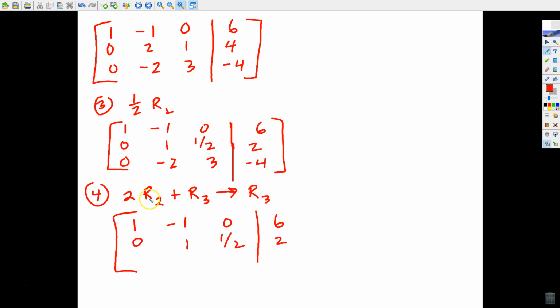Third row is going to become 2 times row 2 plus row 3. 2 times 0 is still 0, plus row 3, that makes 0. 2 times row 2: 2 plus -2 makes 0. 2 times a half is 1. 1 plus 3 is 4. 2 times 2 is 4. 4 plus -4 is 0. And we just got one more move, and we will have our reduced echelon or row echelon form.